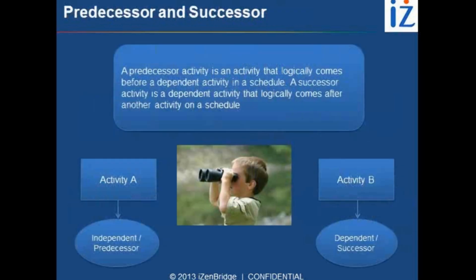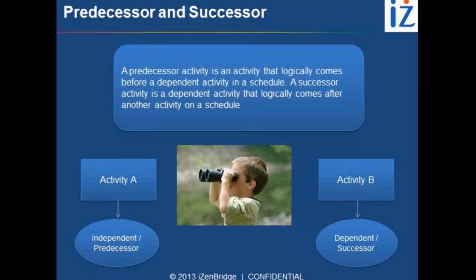Now, in a logical relationship or in a precedence diagram method, we talk about predecessors and successors. These are the two terms which are frequently used while explaining this concept. A predecessor activity is the same as an independent activity, which usually comes before the dependent activity in a schedule.